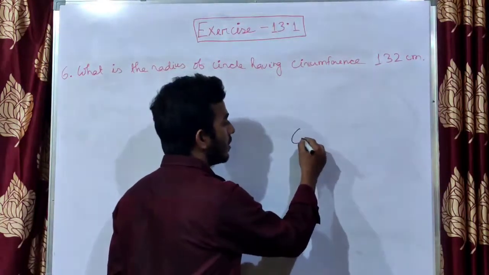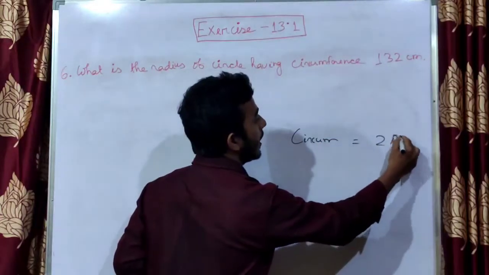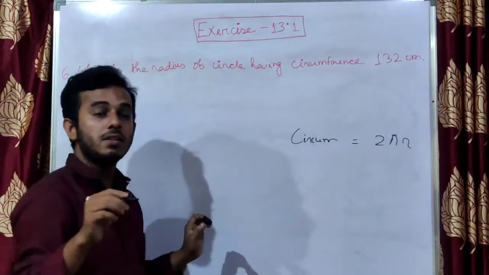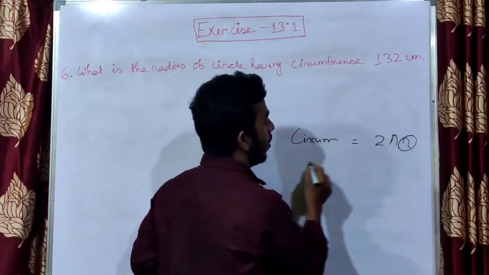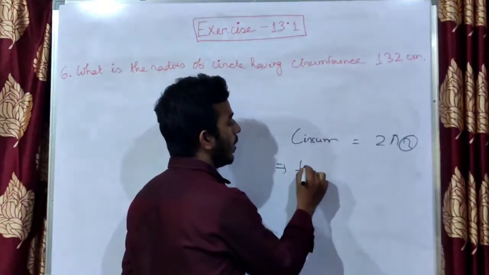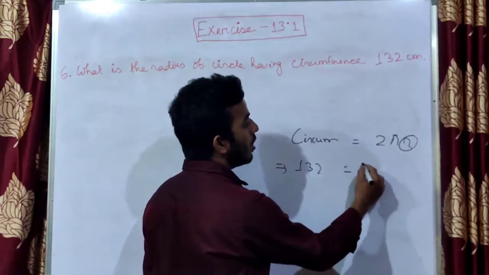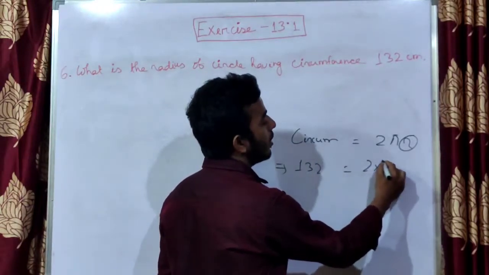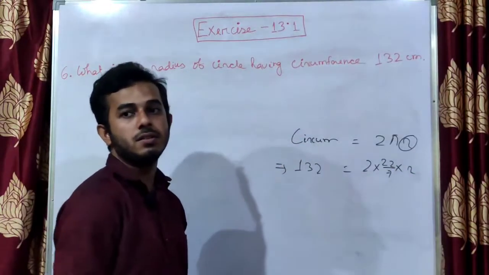Formula circumference equals 2 pi r, right? So we have to find radius, this one. Now if we know circumference, which is 132, we can write value of circumference is 132, and we also know value of 2 and pi, which is 22 by 7, and r is unknown, so we will keep it like this.